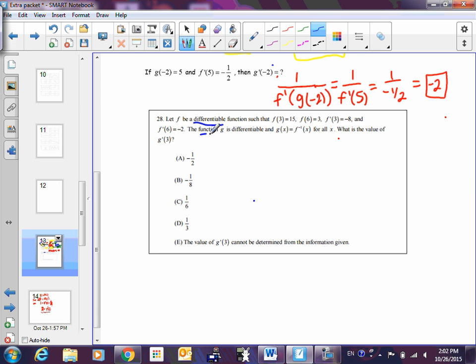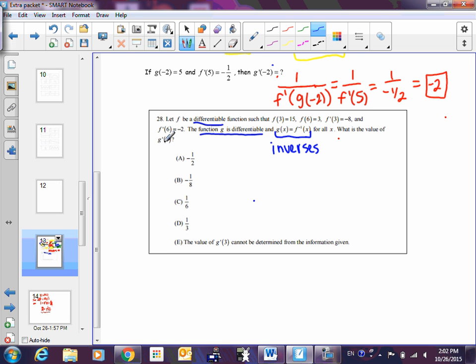Then they introduce another function, g, also differentiable, and then they give us the relationship. We talked about this a few minutes ago. If they say g of x equals f to the negative 1, what are they telling us is the relationship between f and g? Inverses. So that's the first obstacle here: you have to recognize this is an inverse problem.